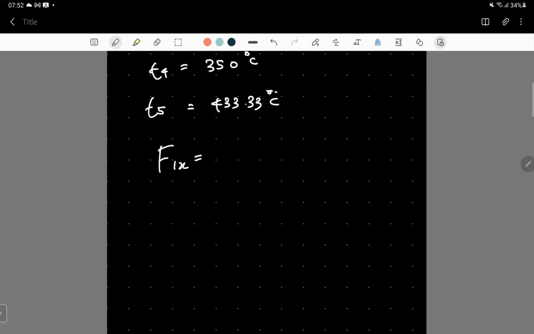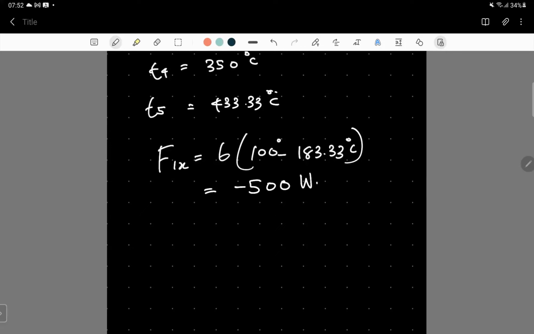F1x would now be equal to, let's say, 6 times, if you solve this matrix, 100 degrees minus, that is T1 minus T2, 183.33, to be equal to minus 500 watt. Yeah, so you see the total heat source given from this has to be a negative value, which means that the heat is leaving from the left hand side.